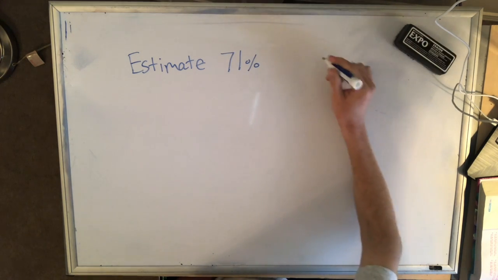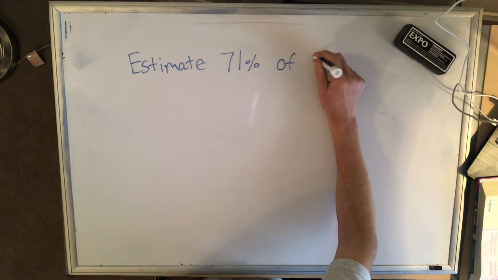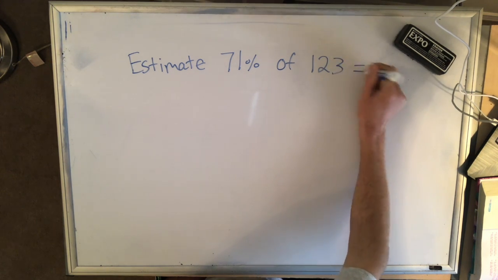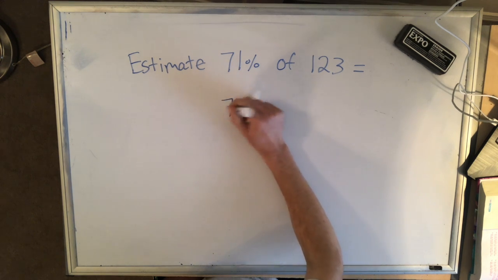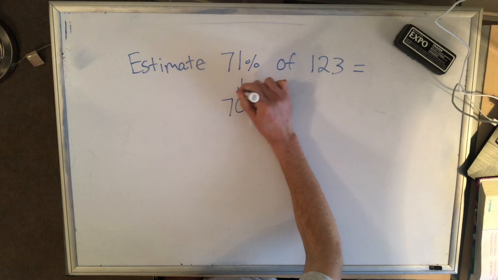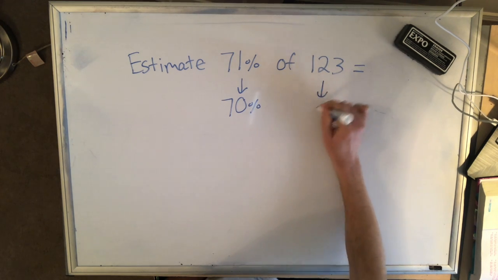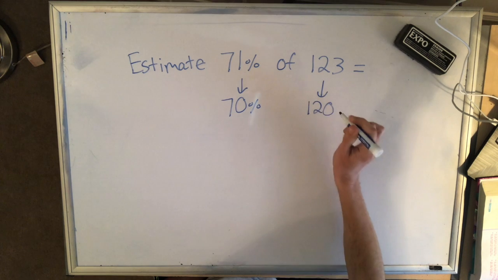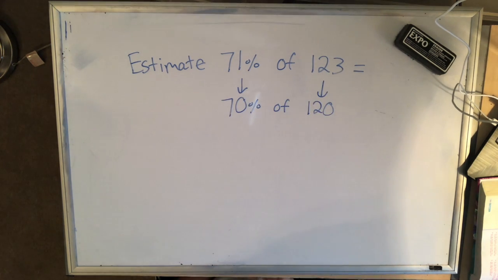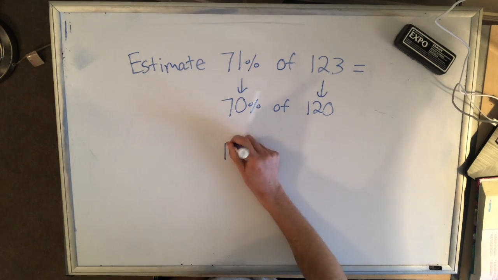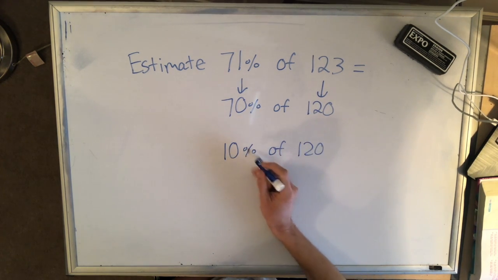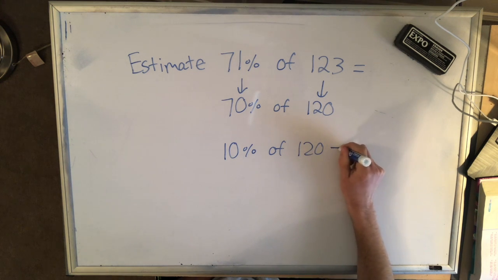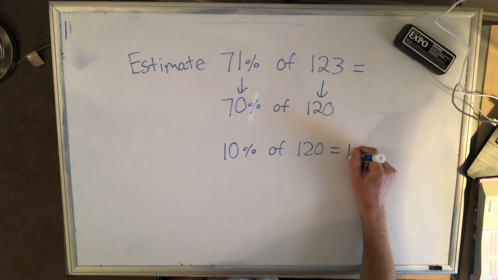71% of 123. We can round 71% to 70%. And let's round 123 to 120. So let's find 70% of 120. We can find 10% of 120, since 10 goes evenly into 70. 10% of 120 is 12.